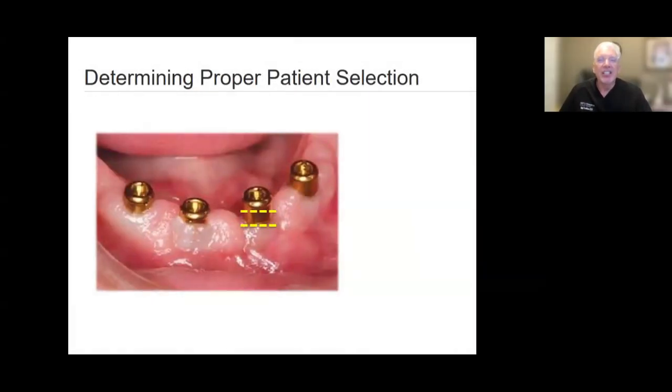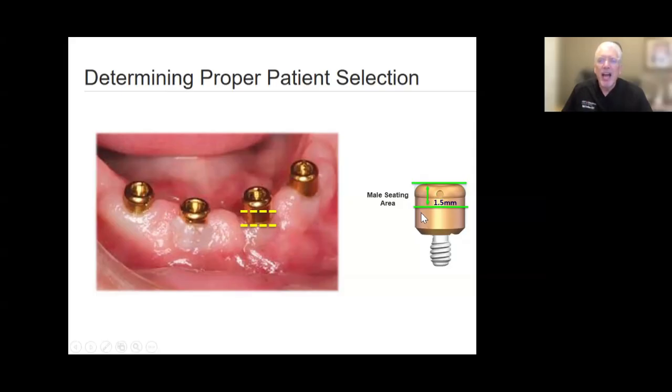Then the other thing is in selecting, and labs can help you with this, but if you're going to be doing some of these chairside retrofits where you're maybe bypassing the laboratory, you need to know this information about cuff height selection. And please know this: all locators and locator lookalikes, when the attachment seats onto the abutment, it's going to cover 1.5 millimeters of the top of that locator abutment.